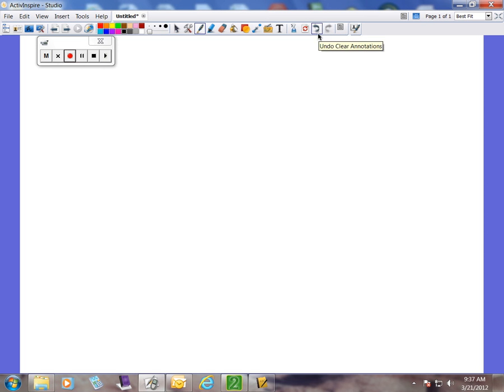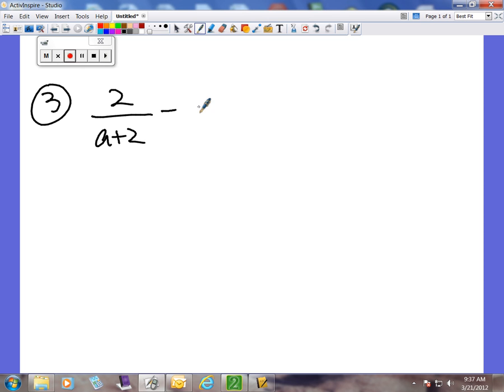Now this one has a minus in it. Let's see, we got 2 over a plus 2 minus what? 3 over 2a. I'll make this minus a little bit farther over here. Now, what did I tell you to do with the binomials?